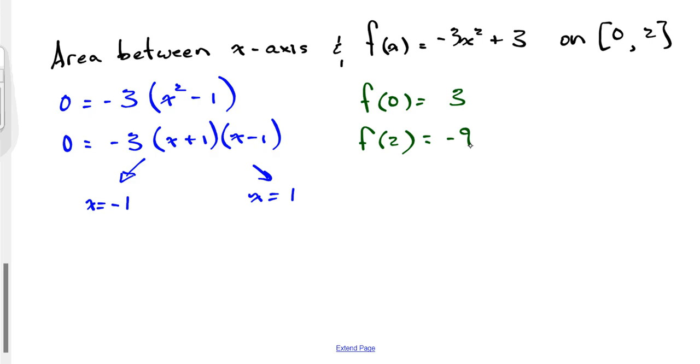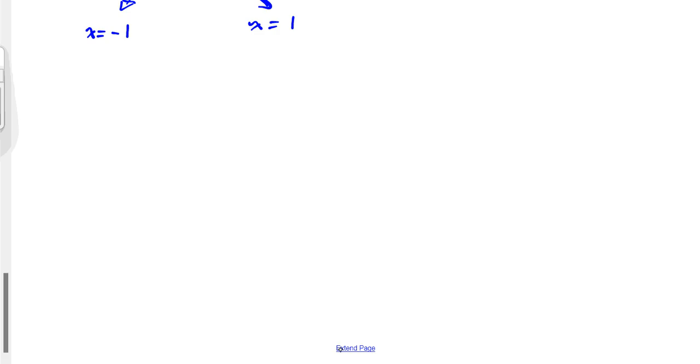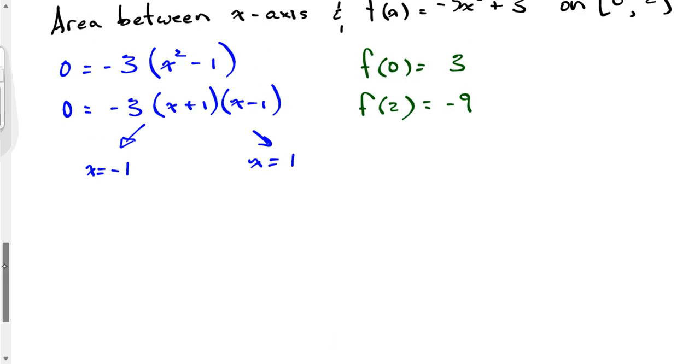So even if I have no idea what this curve looks like, I'm going to just do a really gross approximation and say, just imagine this is a line. So they intersected when x was 1, or it crossed the x-axis. So let's just pretend my graph was like this.